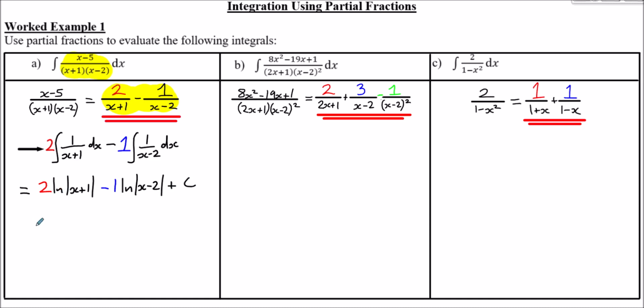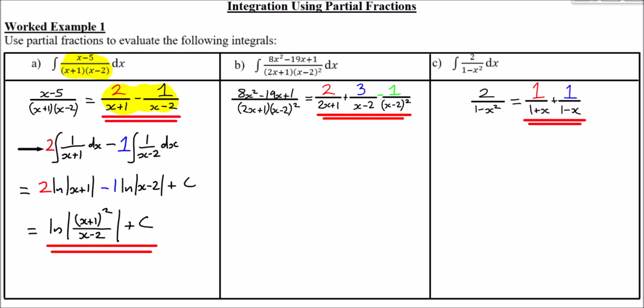Then I can write this a bit simpler using the laws of logs, so I can say the same as ln mod of x plus 1 squared, bringing the 2 to the front back in as a power, divided by x minus 2, all plus c. And so that's absolutely fine.